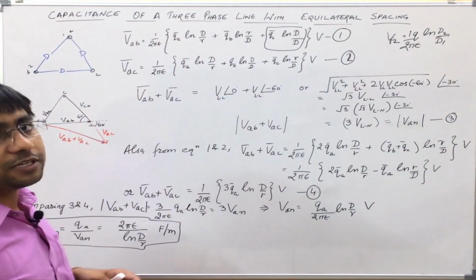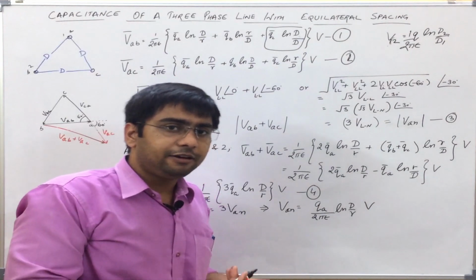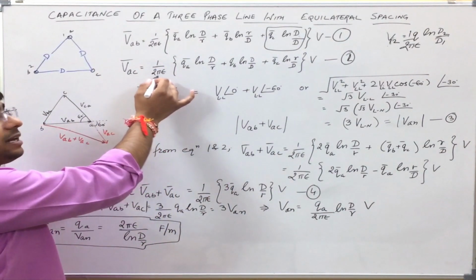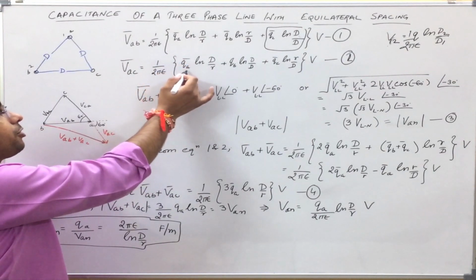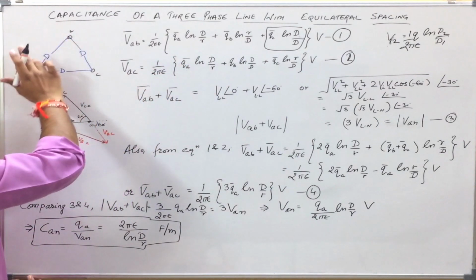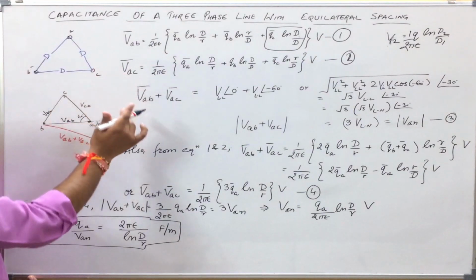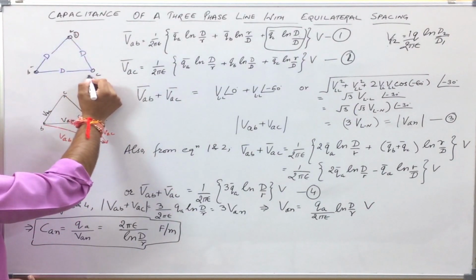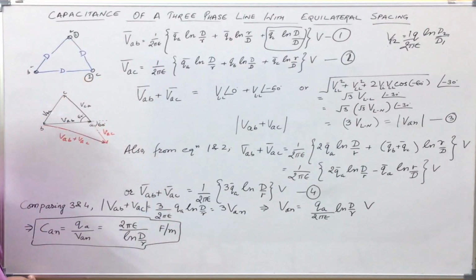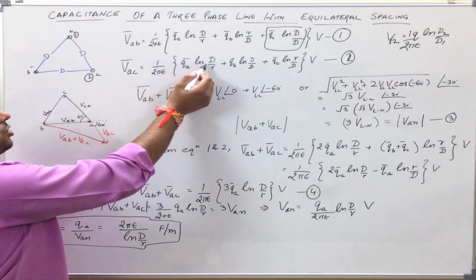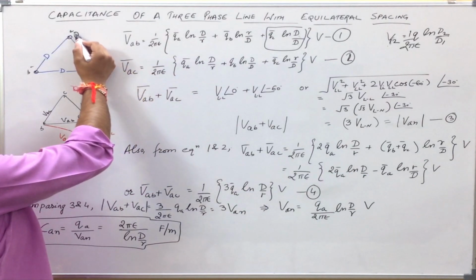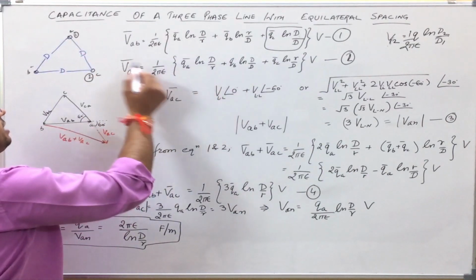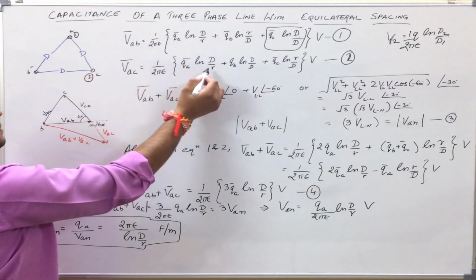Now writing an expression for VAC, similarly 1 by 2 pi epsilon will come outside, writing for QA. Now for VAC, this will be point 1 and this one will be point 2. So writing natural log D2 by D1, for this D2 is equal to capital D and D1 will be its radius only.